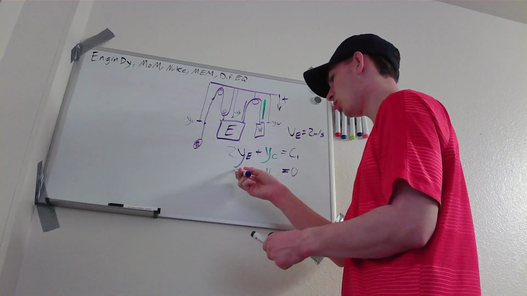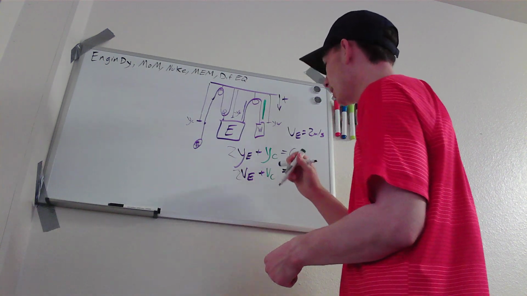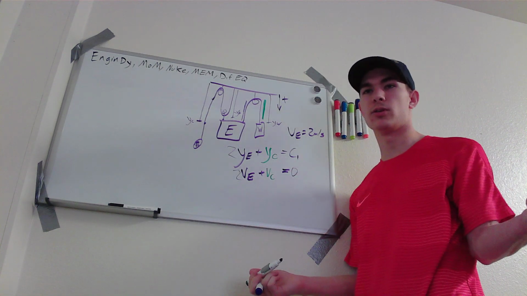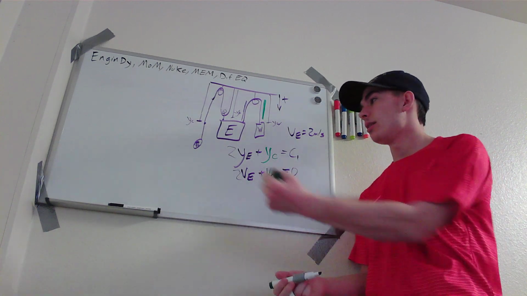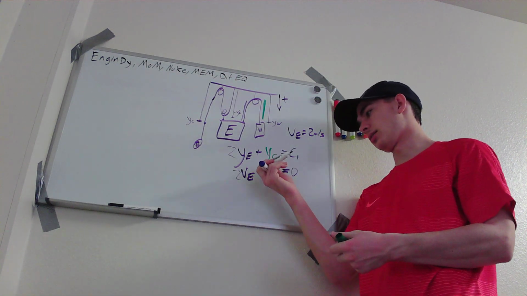And then we'll have 2VE plus VC is equal to 0. So you'll subtract 2VE over, and VC, the velocity of this, is equal to -4.